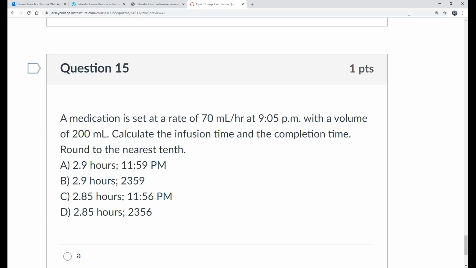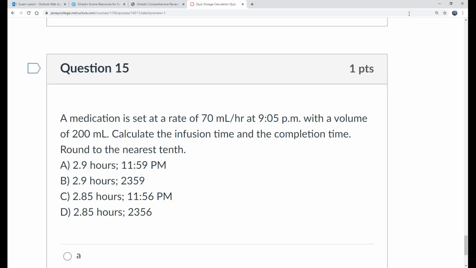Unless it tells me to give an answer in military time, I'm not giving one. Now, if it said 2105 and there was no colon and no PM, that would tell me it was military time.